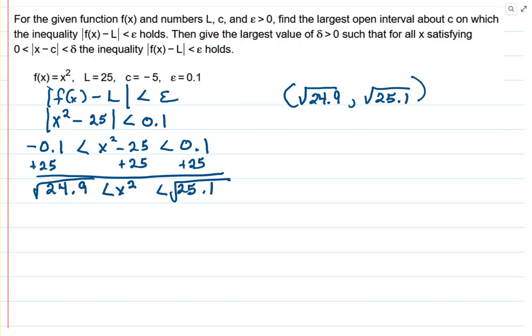We have an issue. This is the positive. I need the negative, right? So if I multiply by a negative 1 all the way through to get that negative capability, it changes the direction of the inequality, because we know that the smaller is going to be the larger value.